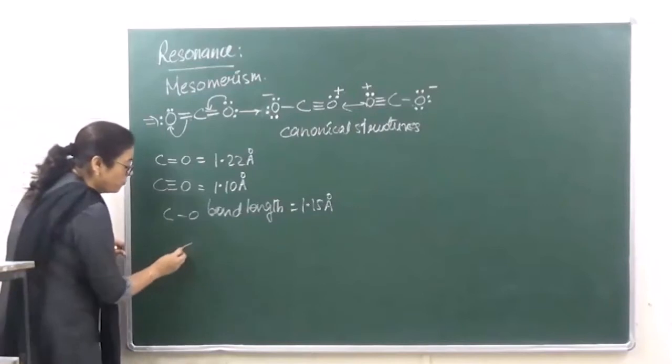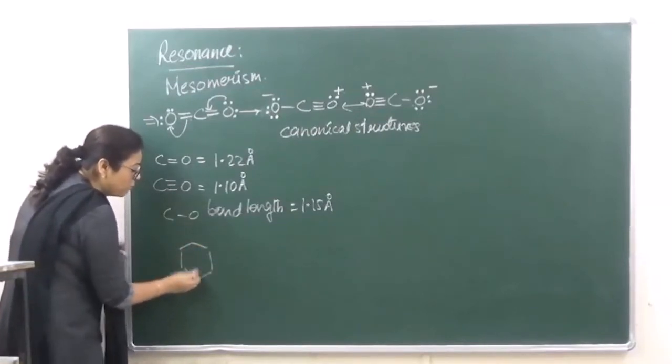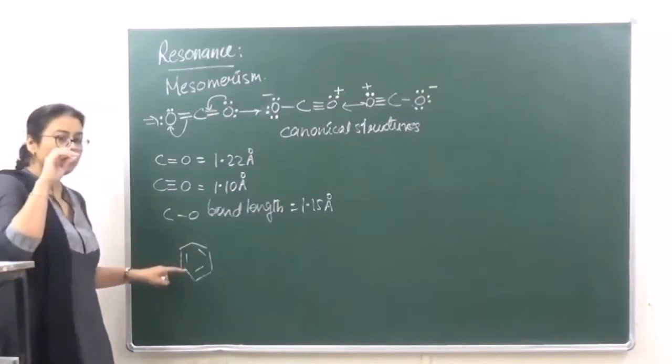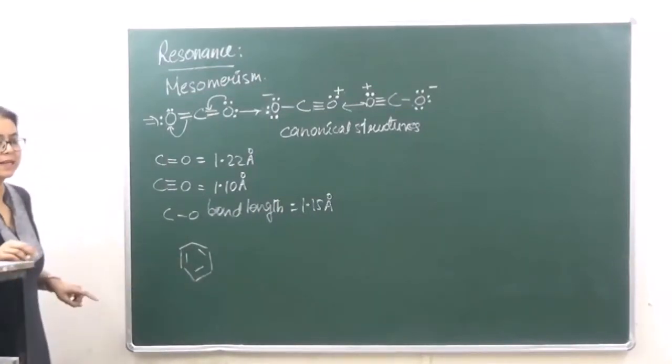Also, let's take the example of benzene. Benzene is a cyclic compound having alternate single and double bonds.